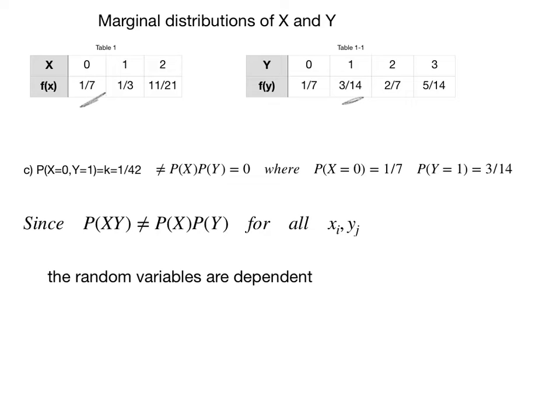So p of x into p of y will be equal to 3 by 98, which is not equal to 1 by 42. Therefore there is at least one value where p of x y is not equal to p of x into p of y. Therefore the random variables are dependent.